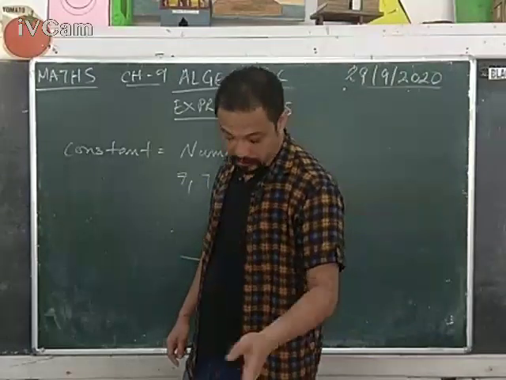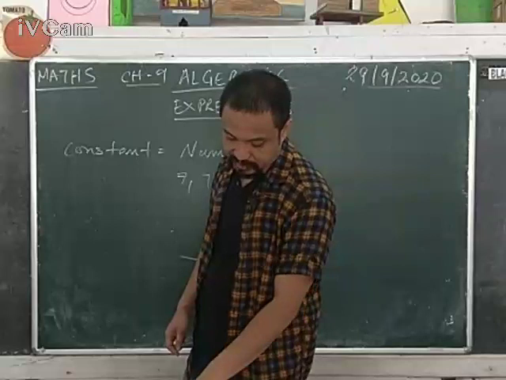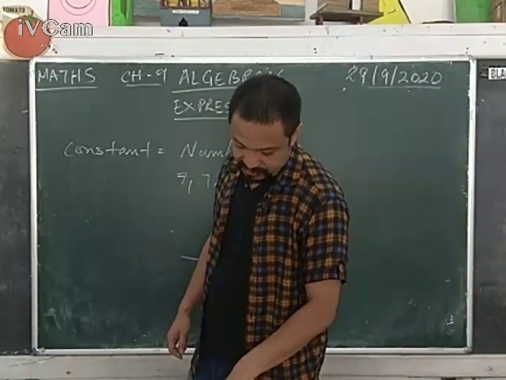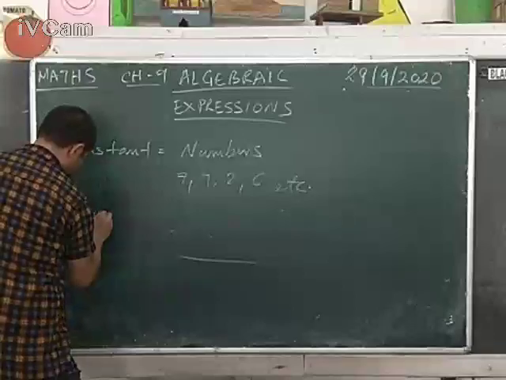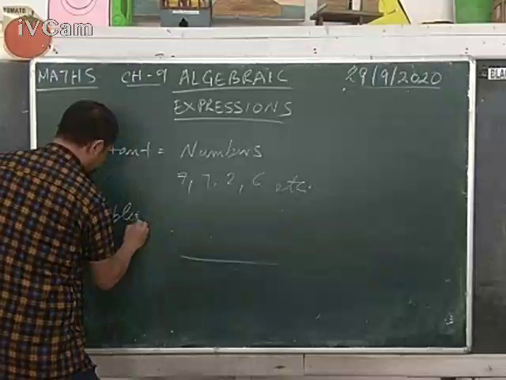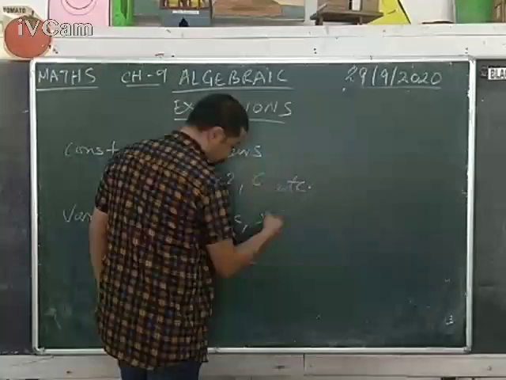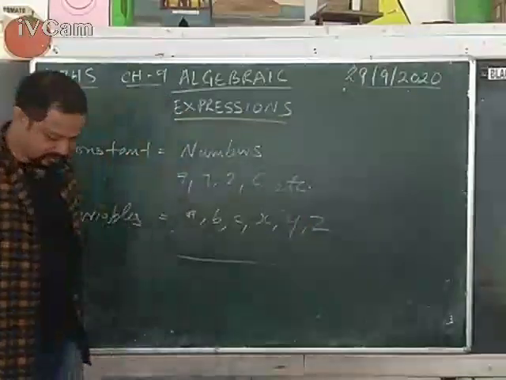A variable, according to the book, is a symbol which can be assigned different numerical values. In algebra, the variables are denoted by letters in English alphabets like A, B, C, famous for maths, X, Y, Z. These are variables. That's what's given in the book.